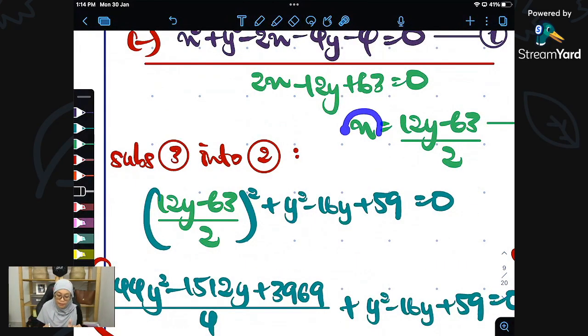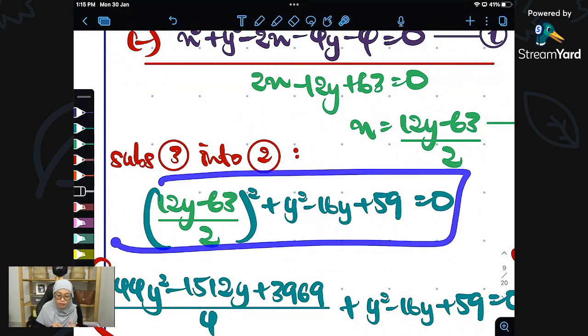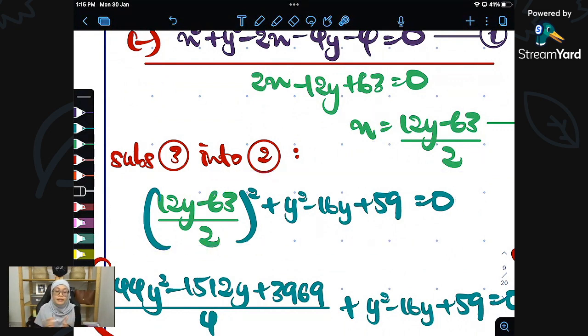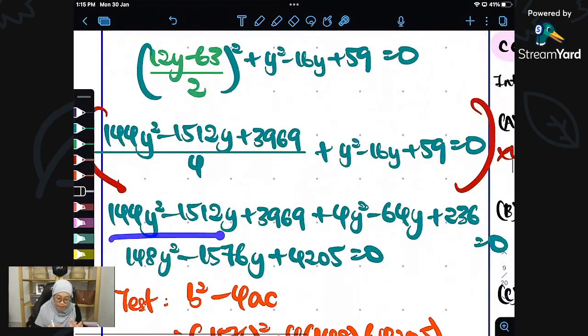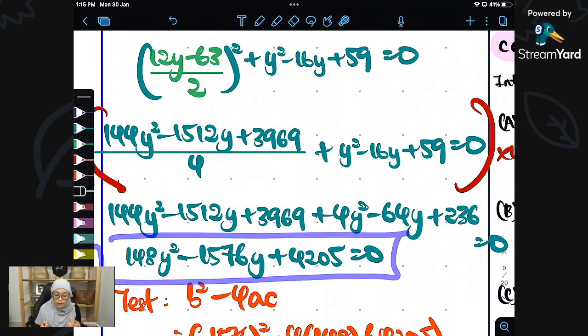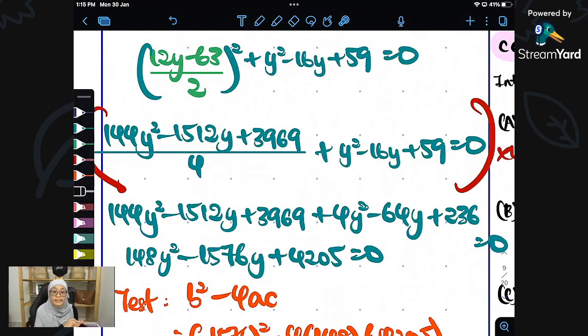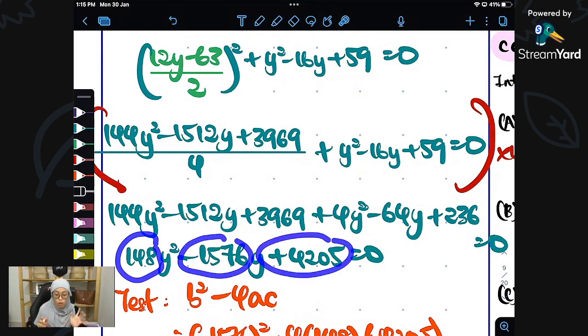Okay, so I sub in my x here, and then everything is in y, I mean y alphabet. Okay, so everything is in y, so that kita akan bertemu dengan quadratic. When we solve it, we will get a very nice quadratic here. Okay, so this one doesn't seem so nice sebab nombor dia agak besar. Jadi I bet kita senang sikit buat careless mistakes because the numbers are quite big.